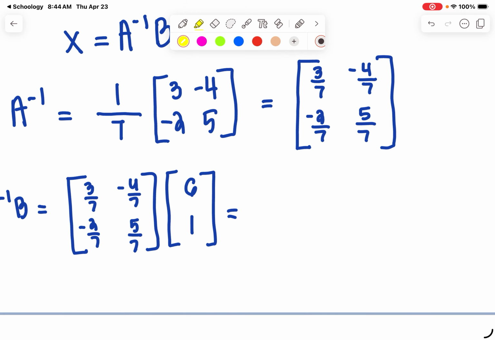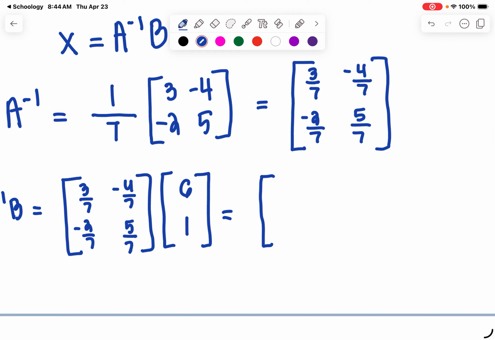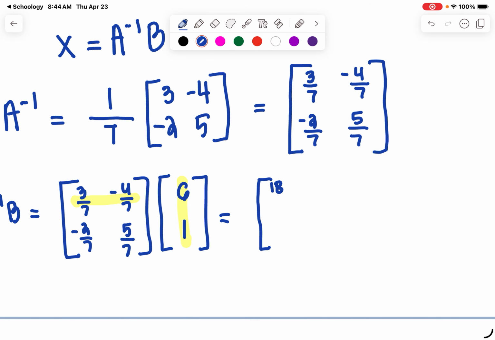So the 2 by 2 times a 2 by 1 gives me a 2 by 1. To get my first entry, I'm going to do row 1 times column 1. So this is 3/7 times 6, which is 18/7, plus -4/7 times 1, which is -4/7. So 18/7 plus -4/7 is 14/7, which is 2.